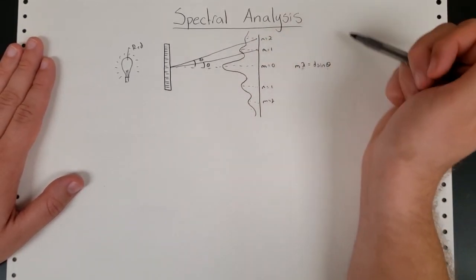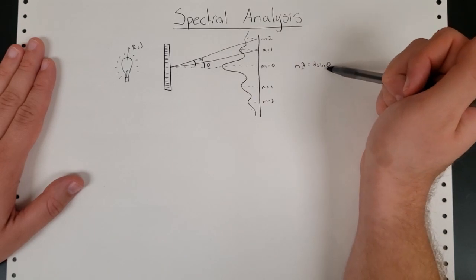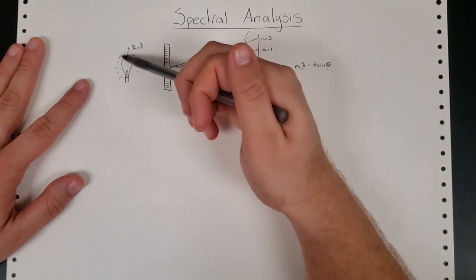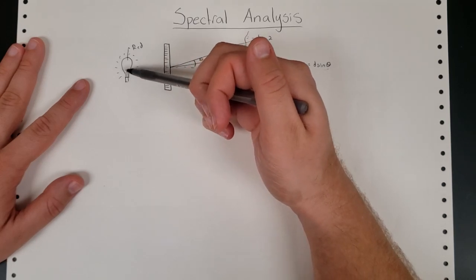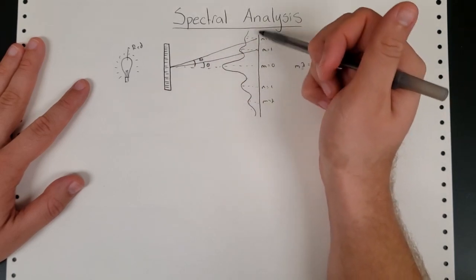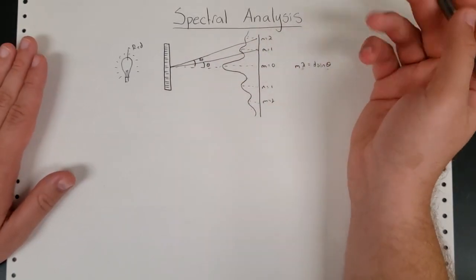So we can use this fact that the spacing is different in order to separate the light coming from a source that has multiple colors in it. We can use this to separate it into its components. And this is what we call a spectra.